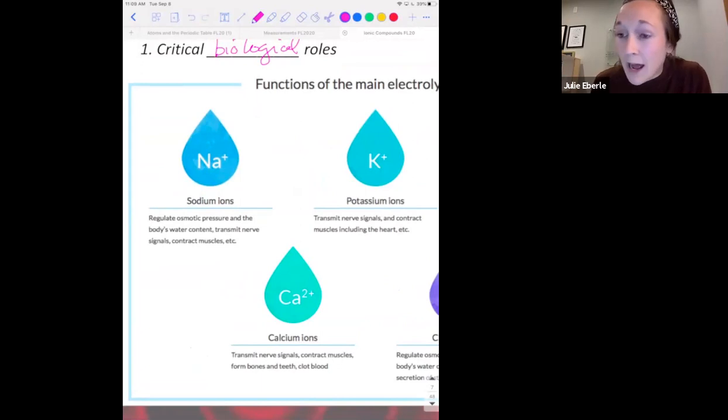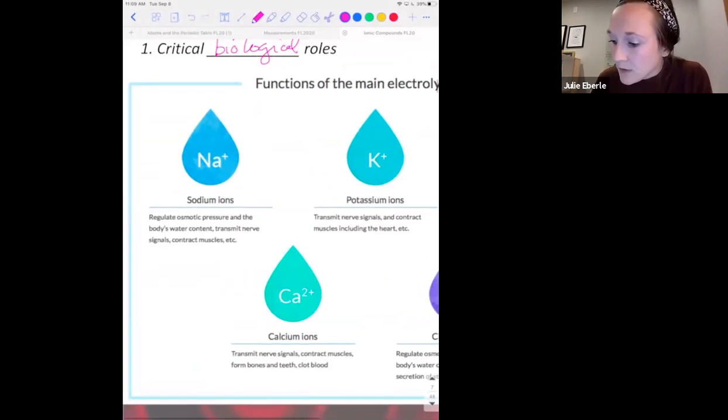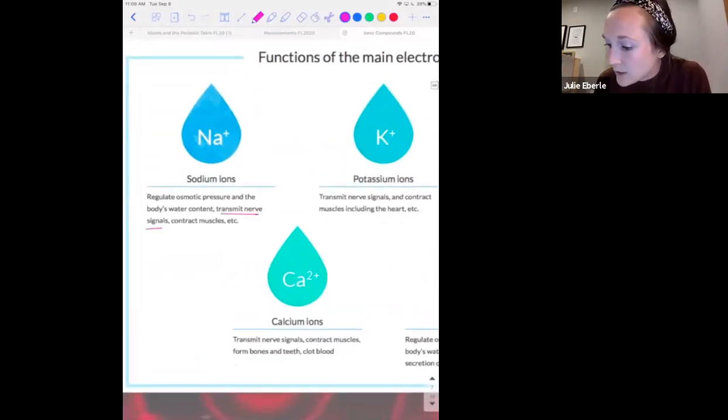Okay, so that's one. And I want you guys to be able to tell me, if I ask you on an exam, tell me 2 important roles of different ions, of potassium or calcium. I would want you to be able to tell me these roles. So they help transmit nerve signals. You'll notice there's several ions involved in muscle contraction. Sodium is one of those, and it does other things.